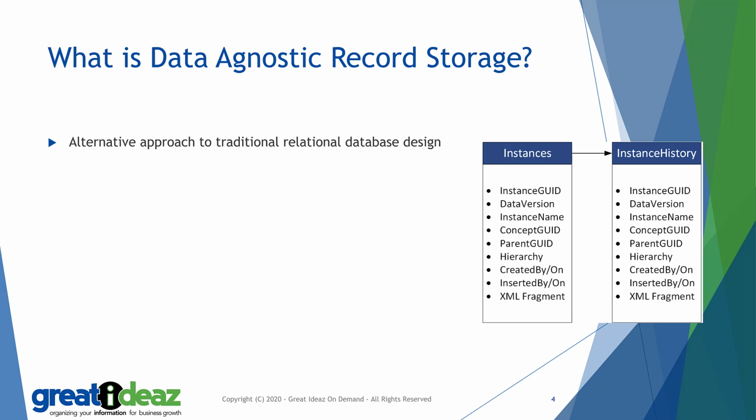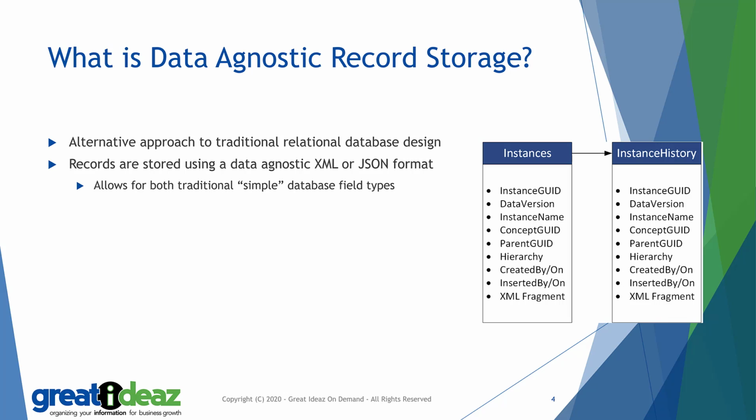In data agnostic record storage, what we're going to do is we're going to store our records in a data agnostic format, typically either XML or JSON. In the Trellis implementation, we have chosen to use XML as our underlying record storage format.